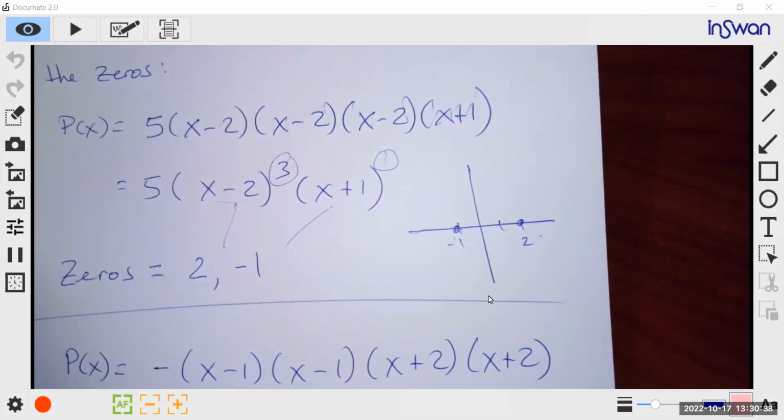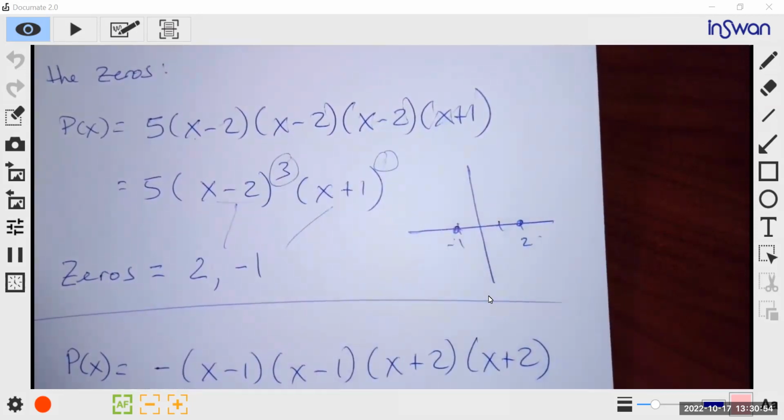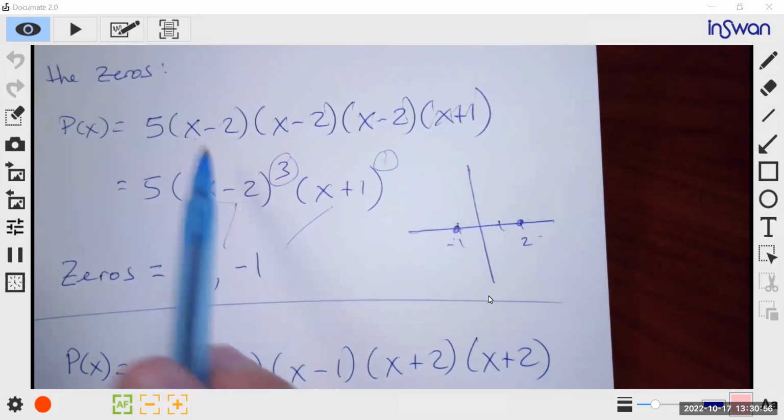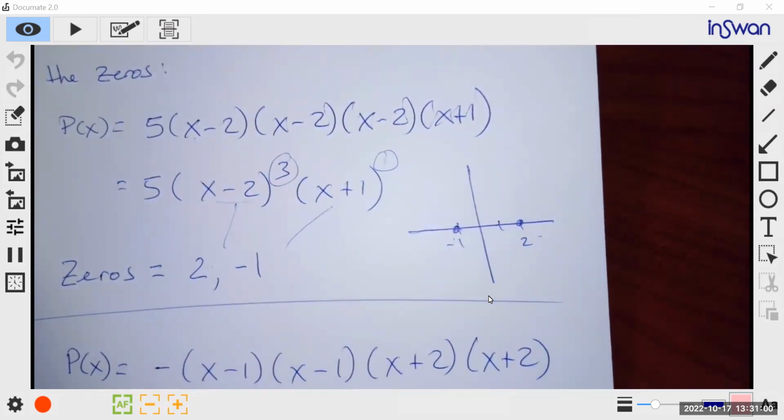No. He said it was 3. It was wrong. Well, first off, when you find the degree, multiply the x's. How many x's do you have? 1, 2, 3, 4. You have 4 x's. The degree is 4.